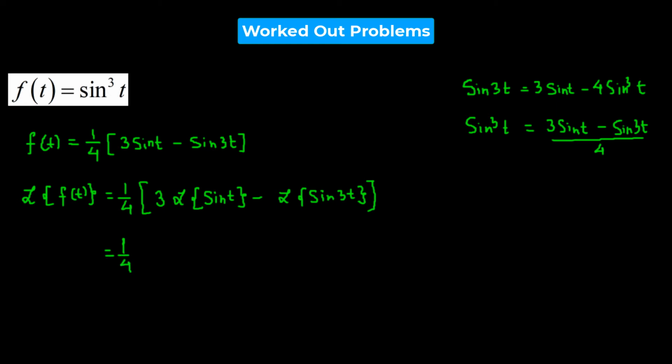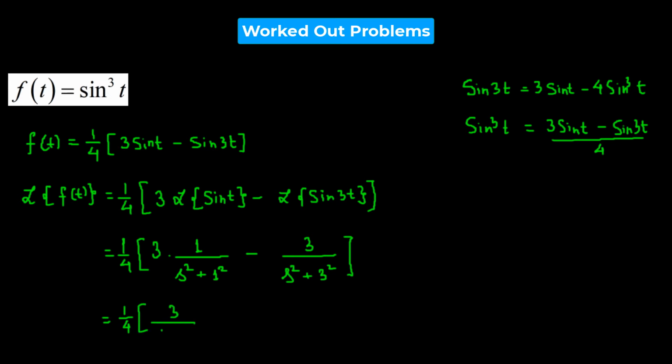The Laplace transform of sin t is 1 divided by s squared plus 1, and the Laplace transform of sin 3t is 3 divided by s squared plus 3 squared. So we have 1 over 4 multiplied by (3 over s squared plus 1 minus 3 divided by s squared plus 9).